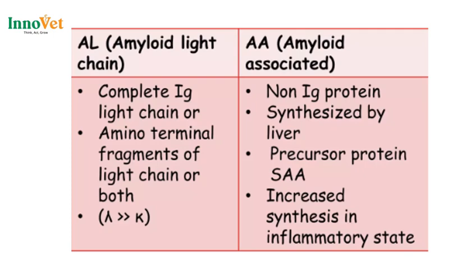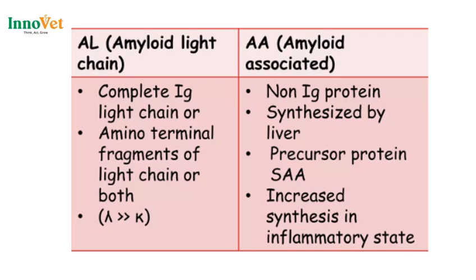But the AA is a non-immunoglobulin protein synthesized in the liver. Usually when there is no inflammation or chronic infection, it is there but in small quantities. So chronic infections trigger it to be produced in large amounts, and the body has to eliminate those large amounts, and in the process of removing them, they end up being deposited in tissues.